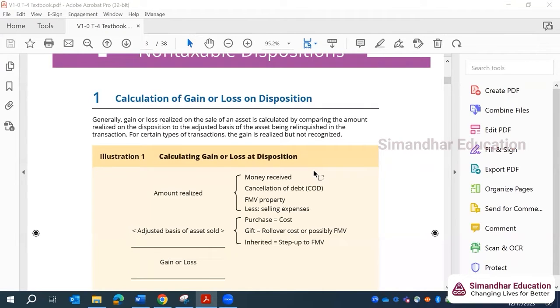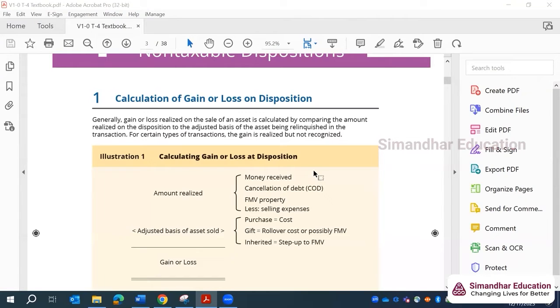So let's say if my father paid $700 for the iPhone, that will be my basis when this iPhone is gifted to me. Now, when it comes to gift, there is also an exception. We are not going to that exception because that is not required for our examination purposes. So for the ease of understanding, the gift will have the rollover basis.